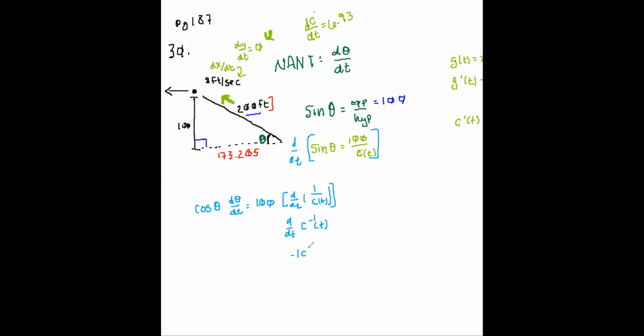Negative 1 c to the negative 2 times dc/dt. Ha! We got it, guys.